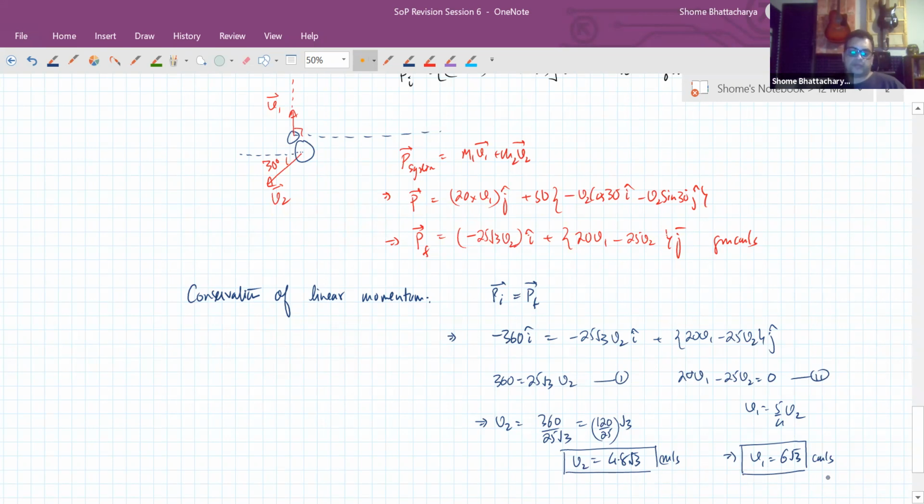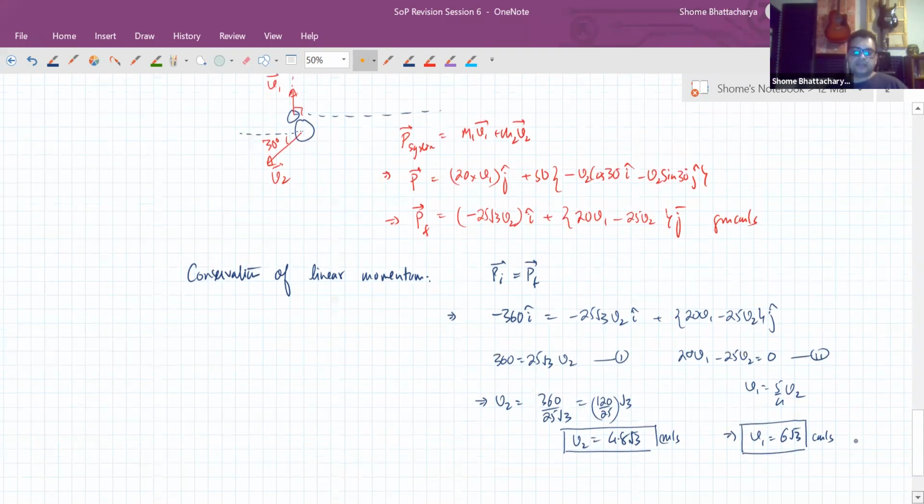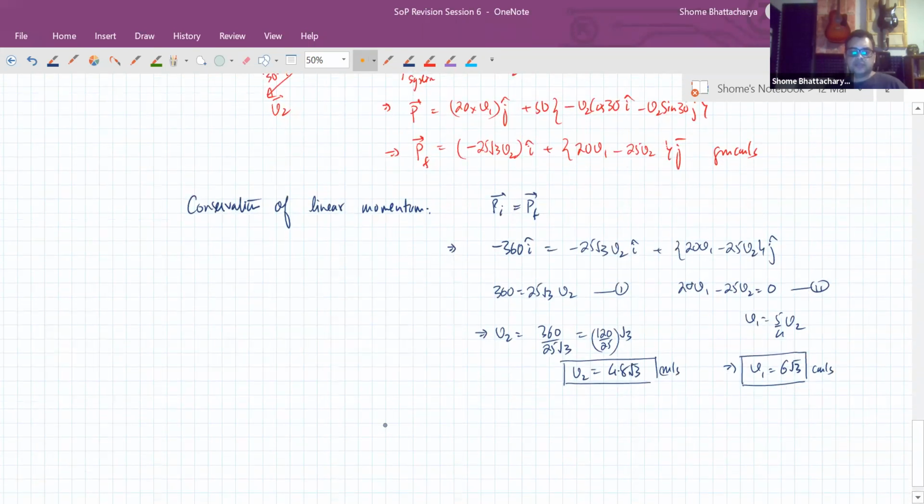Okay. So those are the final velocity magnitudes. In our XY system, the final velocity for the first particle will be 6 root 3 j cap, deflected by 90 degrees.